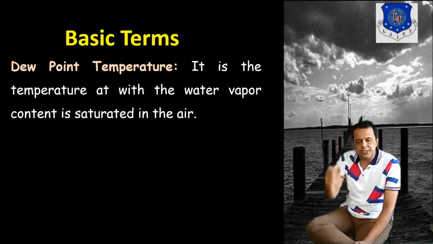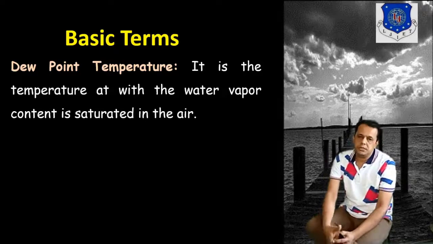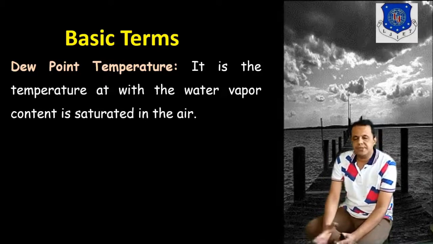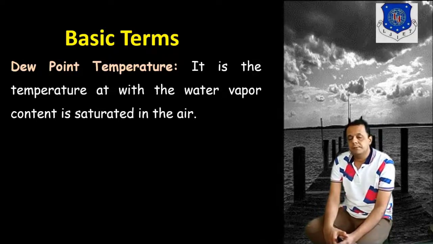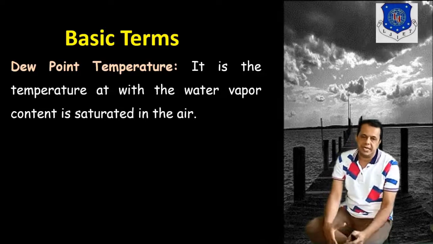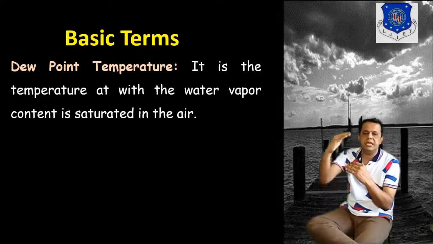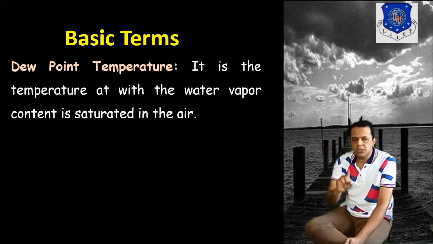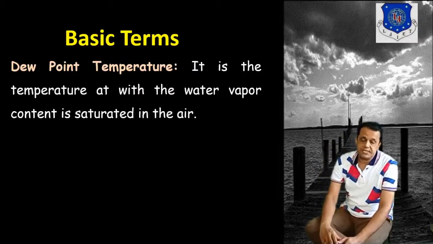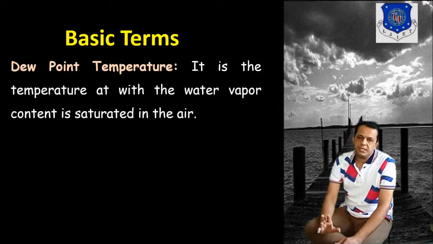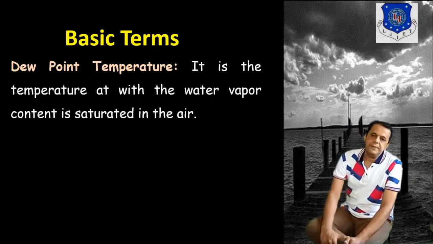Another very important term is dew point temperature. It is a temperature where water vapor is saturated in the air. There is a limit, and beyond that air cannot hold the water vapor. So it is the temperature at which the water vapor content is saturated in the air.